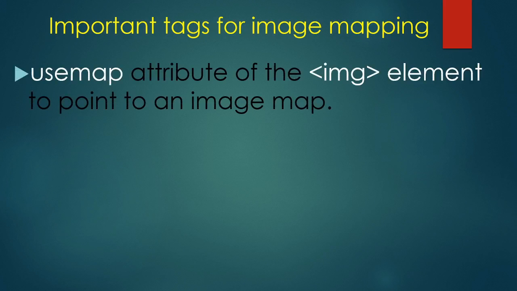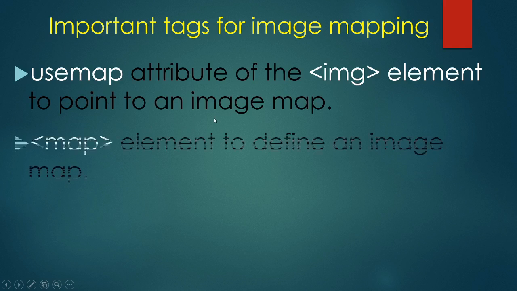First tag is the image tag, that we all know. We have used the img tag in standard 11, but we have not used this usemap attribute. So the tag is not new for us, but this usemap attribute is new for us, which we are going to use for this image mapping.